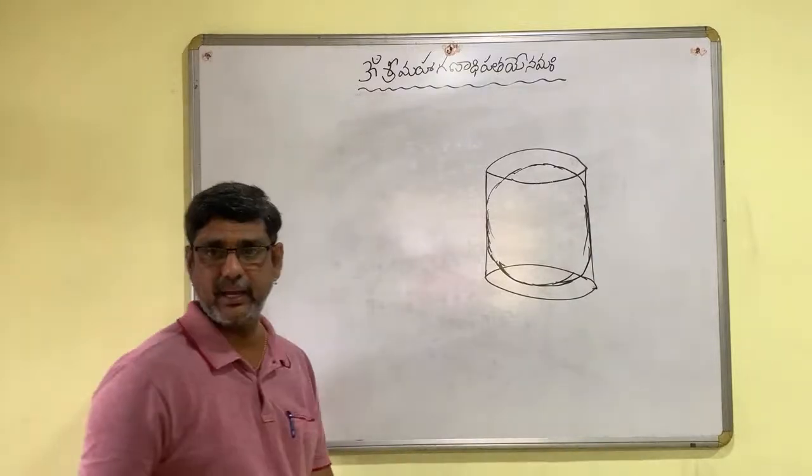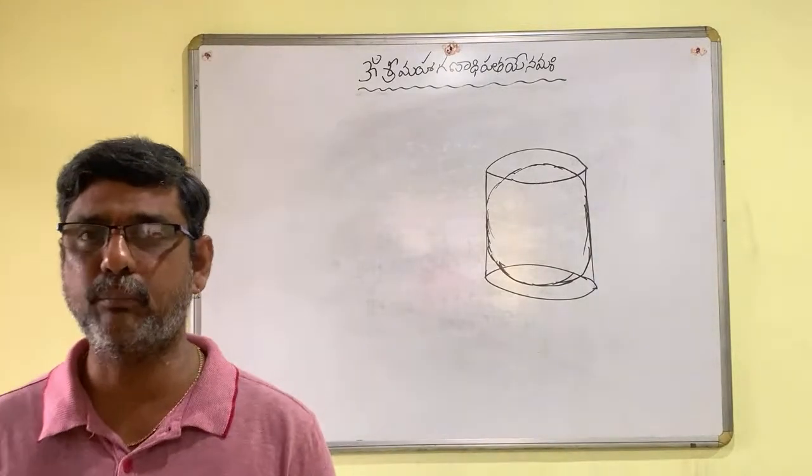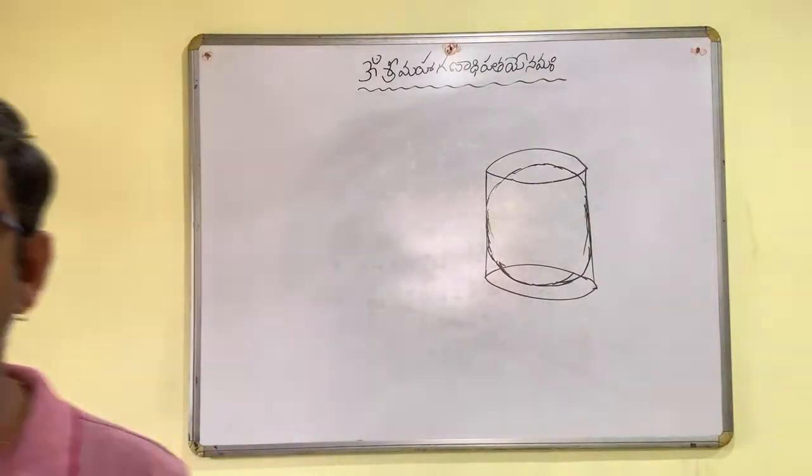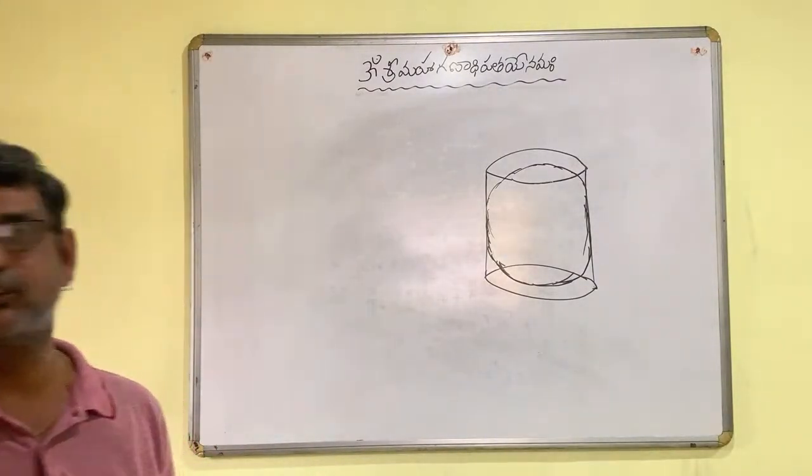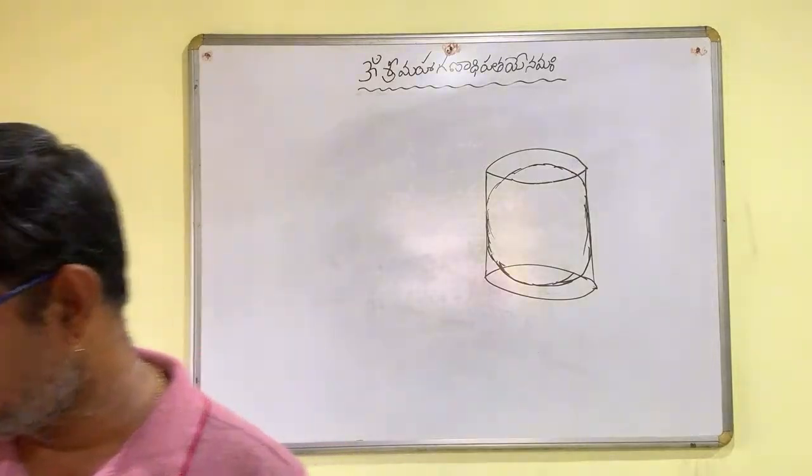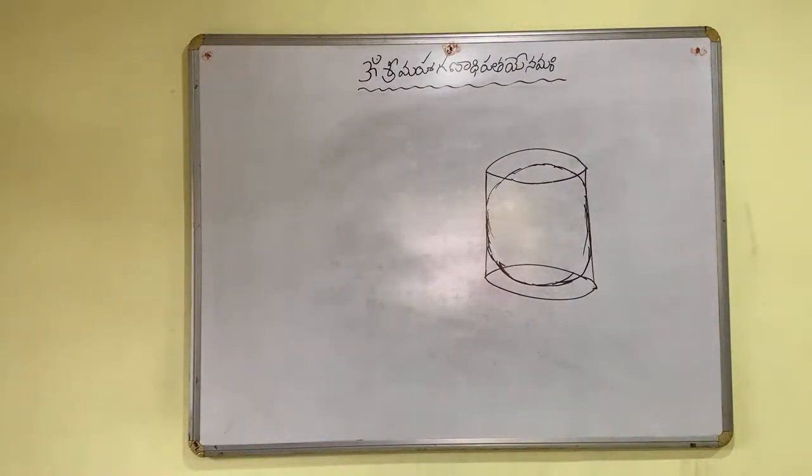See the figure properly, everyone, in the textbook. A sphere is inserted in a cylinder. Now, from the figure, what can you say? He is asking for the surface area of the sphere, the curved surface area of the cylinder, and the ratio of both. We need to find the ratio.